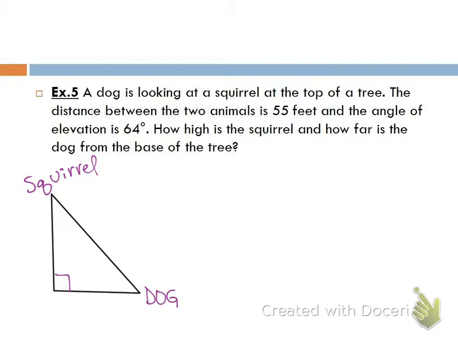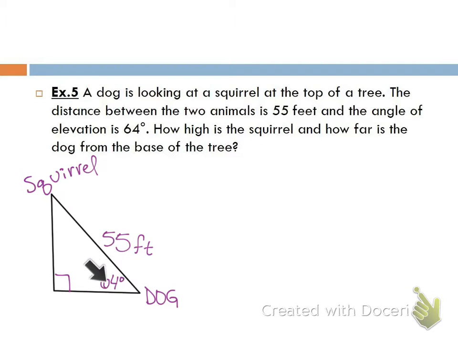Distance between the animals is 55 feet. Which side of my triangle does that represent? The hypotenuse. The distance between the animals, 55 feet. Angle of elevation. Where is that going to occur, do you think? By the dog. So from the dog up is our angle of elevation, 64 degrees. How high is the squirrel in the tree?